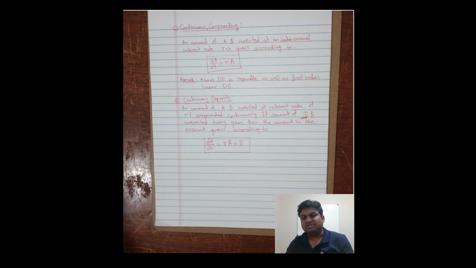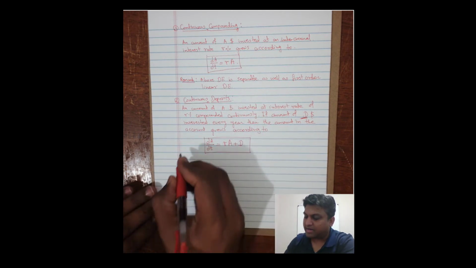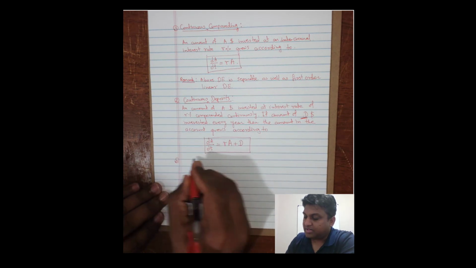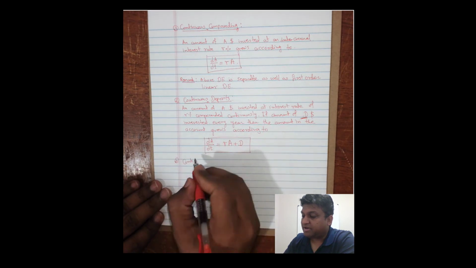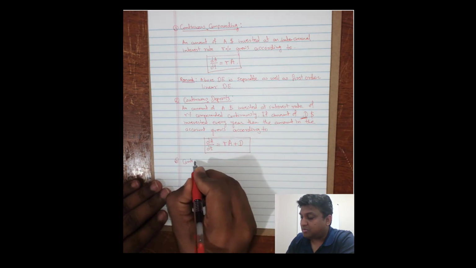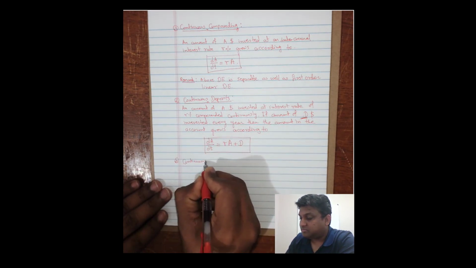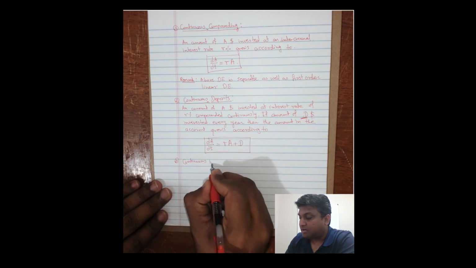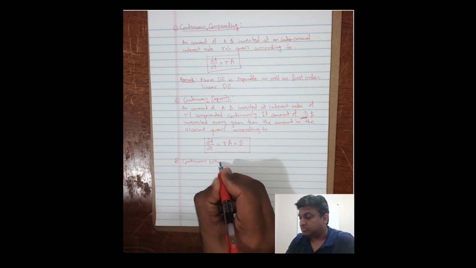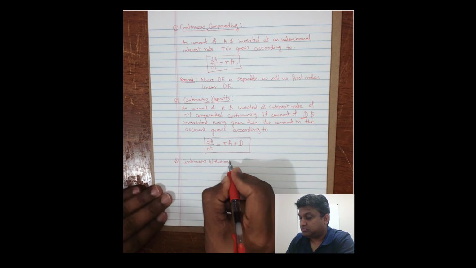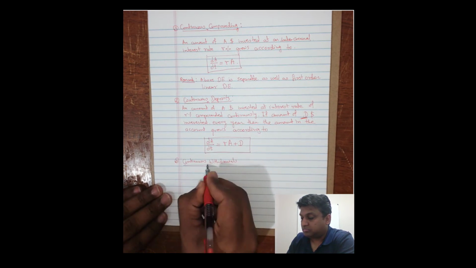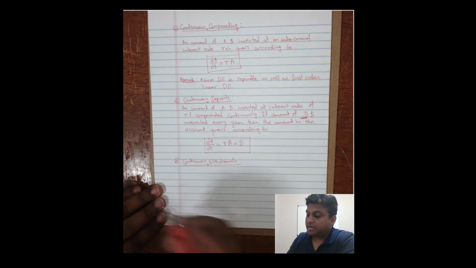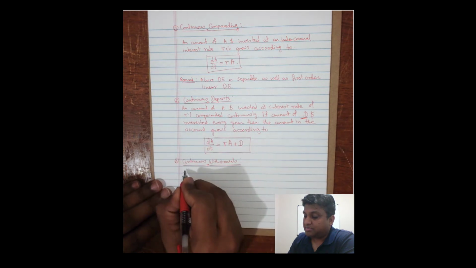We can write down the statement in very similar language. Let's try to write it down. So here is part 3 of the result. It's about continuous withdrawal. We are going to write down this statement in the same way.